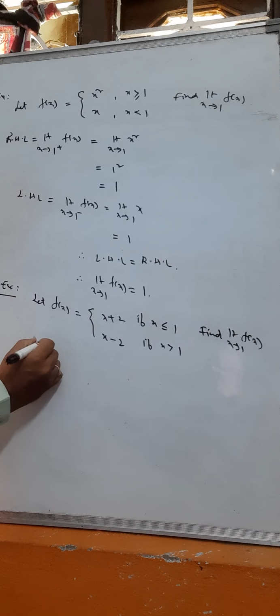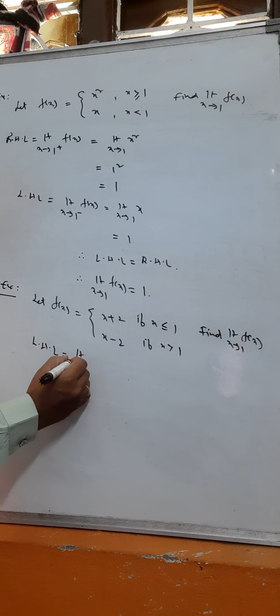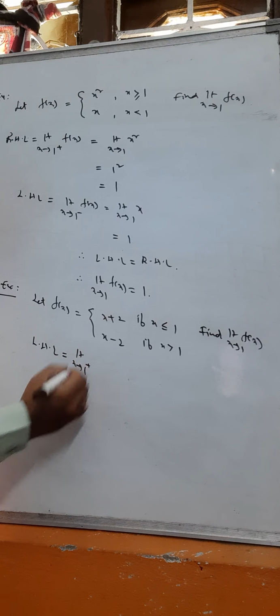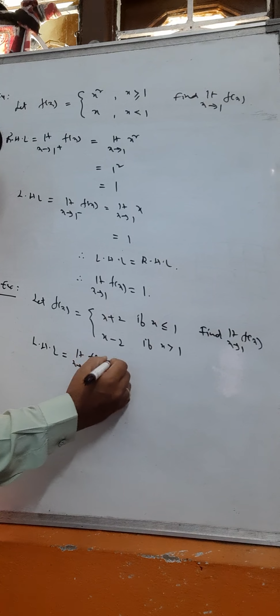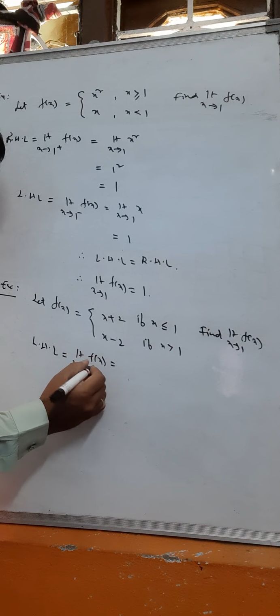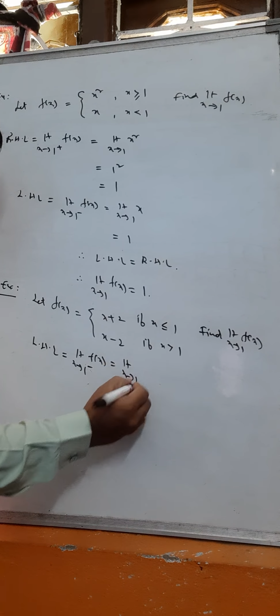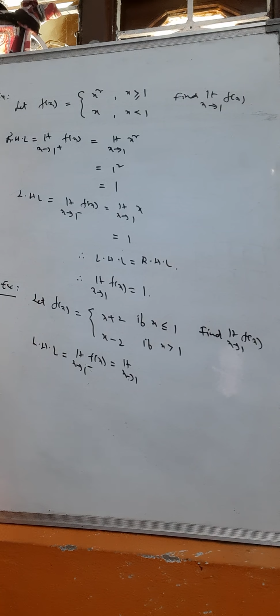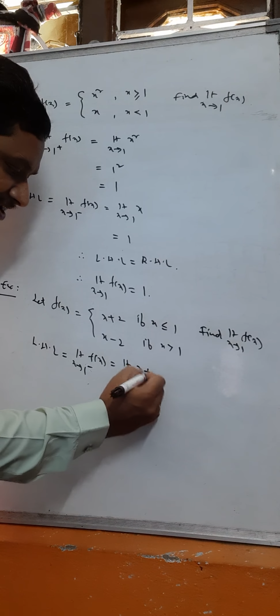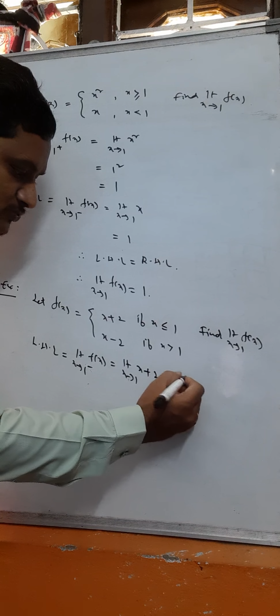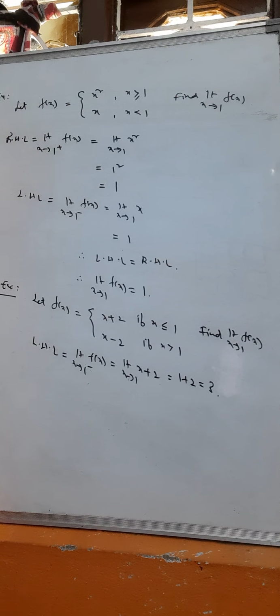First of all, LHL. LHL means limit x tends to 1 minus f of x. 1 minus means less than 1. So we have to take x plus 2. X plus 2 means 1 plus 2, which equals 3.